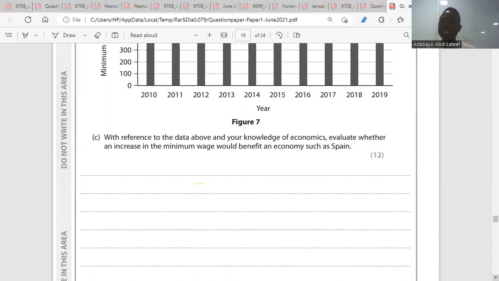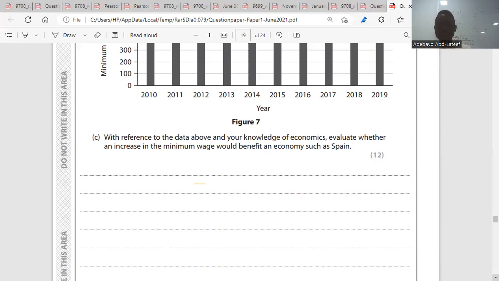As soon as productivity increases, firms will be able to increase their output and make more profit. An increase in minimum wage will also increase income and government revenue through income tax, which can allow the government to finance public spending, maybe on infrastructure, education or healthcare.